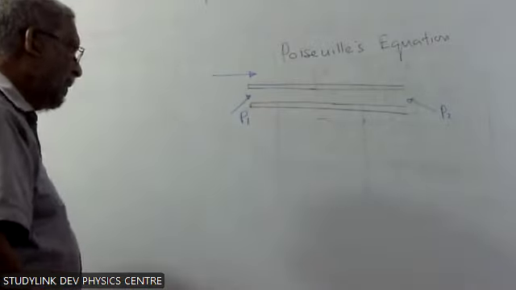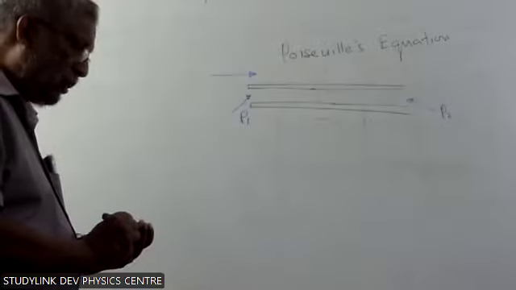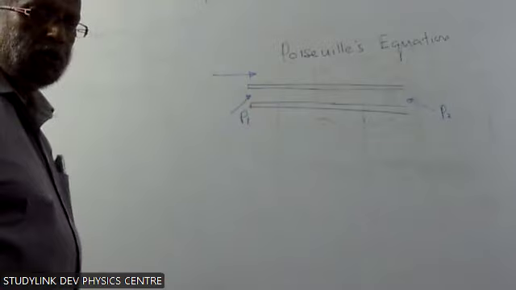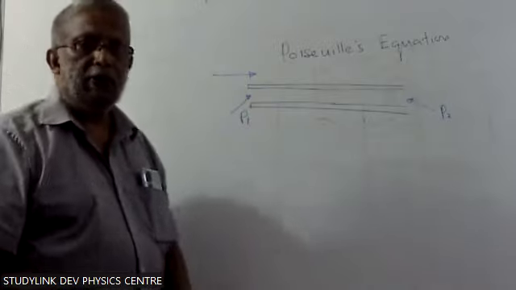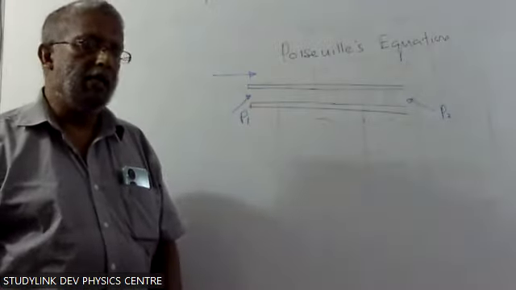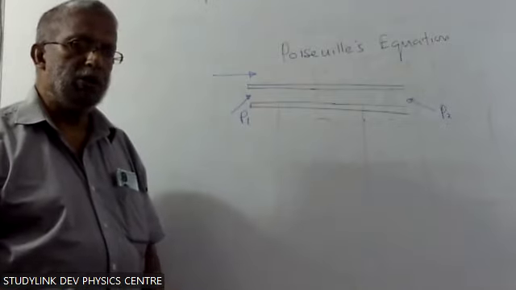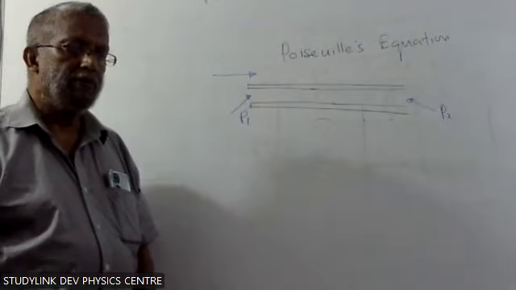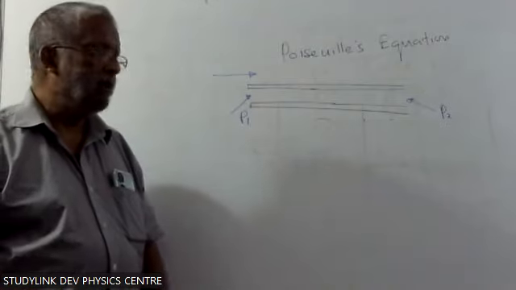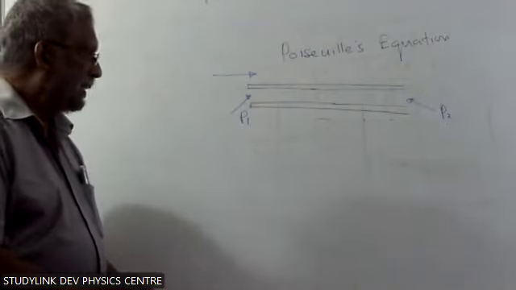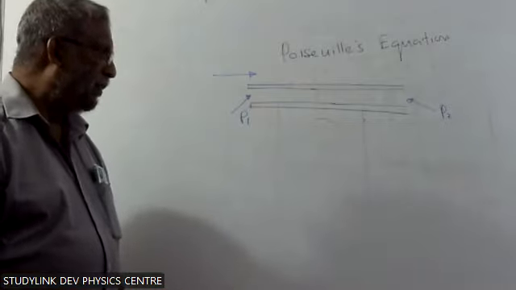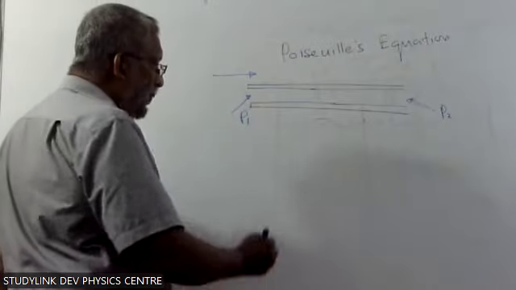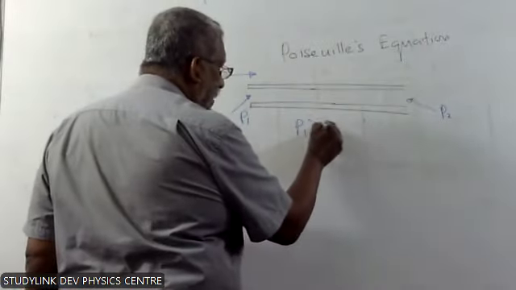First you write, when a liquid flows in a tube, it flows from higher pressure to lower pressure. In this case, if the liquid flows from left to right, P1 is greater than P2.